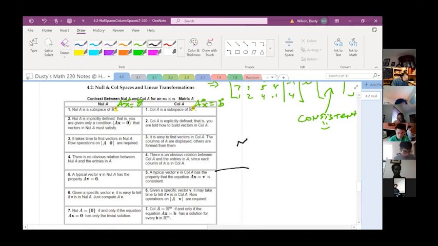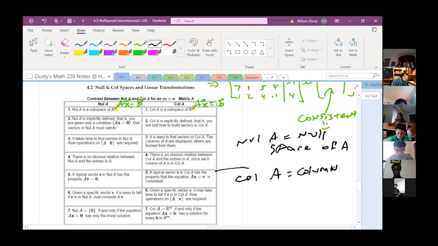When we say null A, this is the null space of A. And when we say column A or col A, it's not the columns of A, this is the column space of A. Just trying to help you on the vocab.